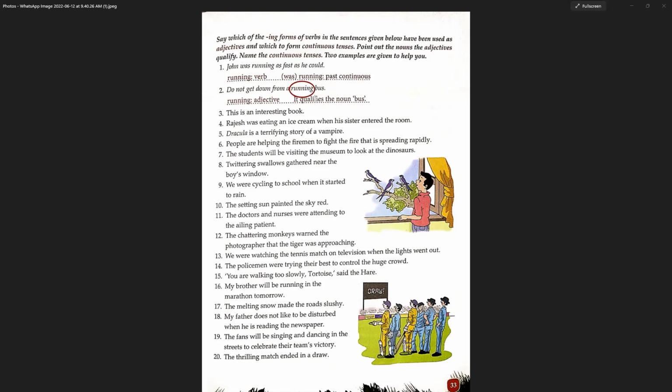Dancing girl. Girl is the noun. Dancing is used to describe the noun. It is a describer. It is a modifier. So the adjectives give more details about the following noun. The bus is the noun. In this running bus, running gives more details about the bus.